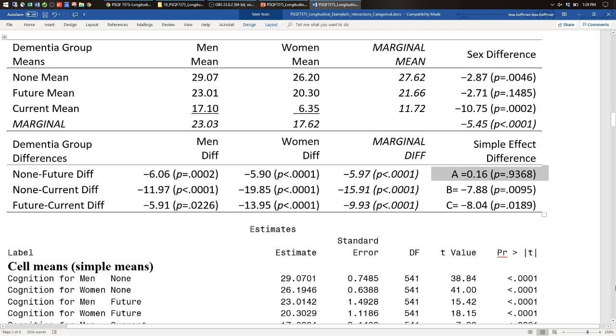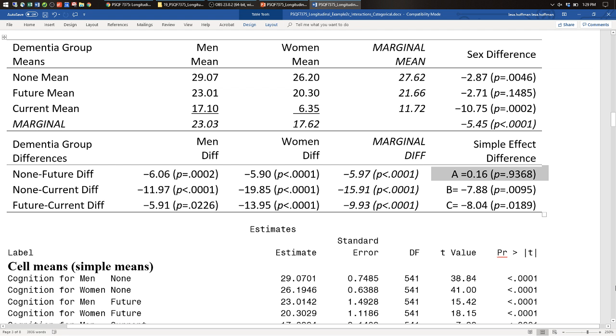If I look at these p-values up here, I can ask: do men outperform women if they don't have dementia? Look at the means, look at this result. Are men higher than women if they don't have dementia?